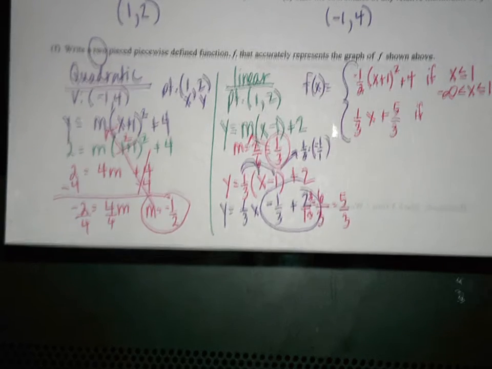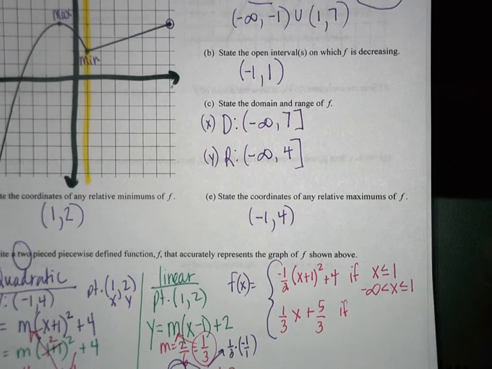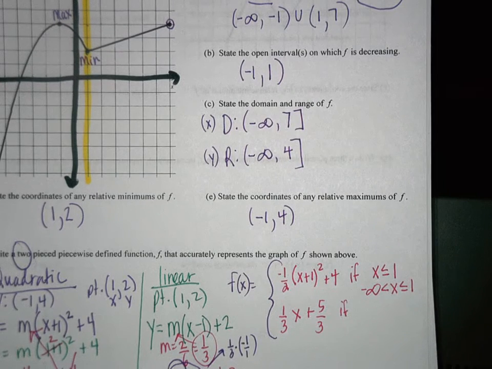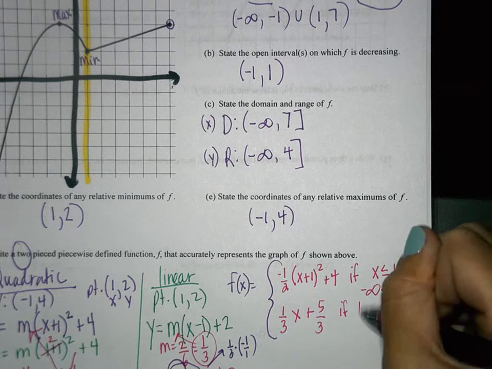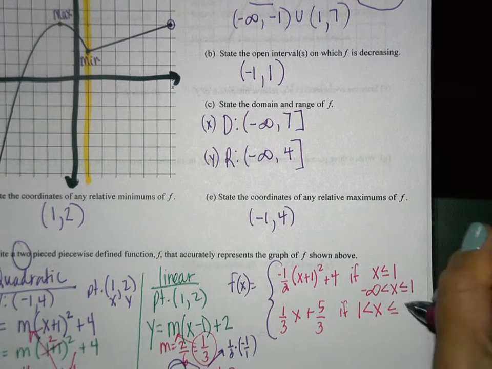Okay, and then what's going to be my domain over here? It's going from what to what? It's going from 1. So 1 is less than x is less than or equal to 7.